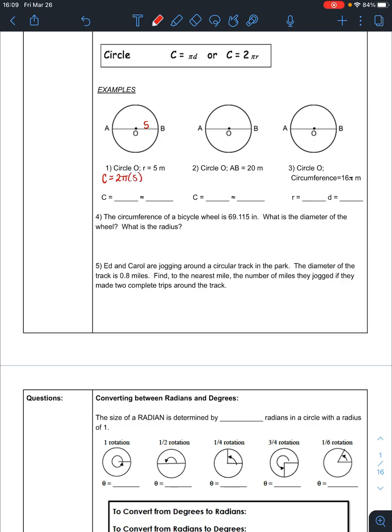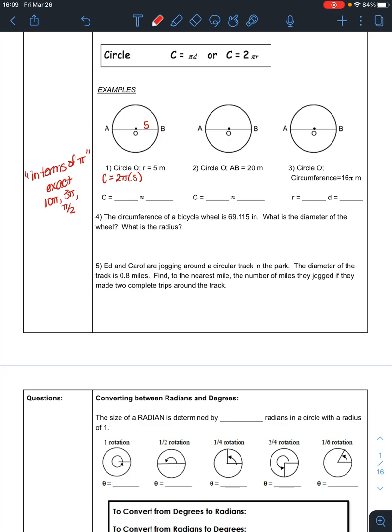So one of the things that we like to do when we're dealing with circles is we like to leave our answers exact, meaning in terms of pi. You might see those words, in terms of pi, or exact. So exact answers, even though it doesn't feel like it, might be 10 pi, 3 pi, pi over 2.